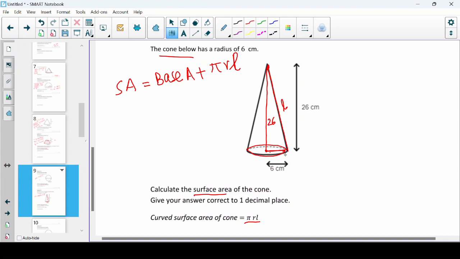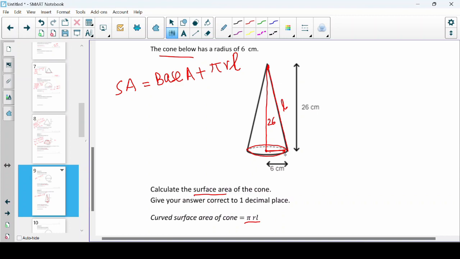So we can use the Pythagorean theorem to find this L. You can see it's a right angle triangle. In a right angle triangle, the hypotenuse c squared is equal to a squared plus b squared.